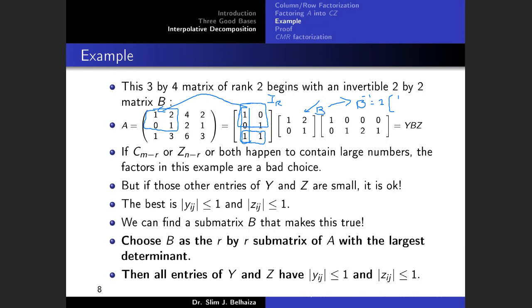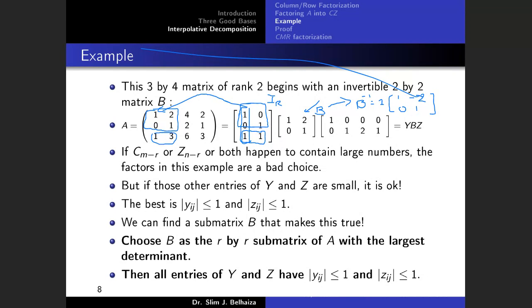It's going to be 1, negative 2. So it's basically 1 times 1, negative 2, 0. So now what is left when we took this part from C, which was supposed to be 1, 0, 1, 2, 1, 3, is just this part.